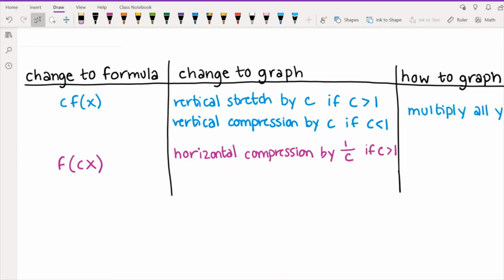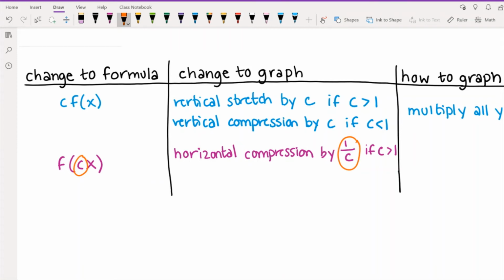The key thing to understand for horizontal compressions and stretches is that you're always going to take the reciprocal of whatever number you're multiplying x by. So in our example, we had f of 2x, and so that became compressed by 1/2. If we had f of 3x, it would become compressed by 1/3. If we had f of 5x, it would be compressed by 1/5.